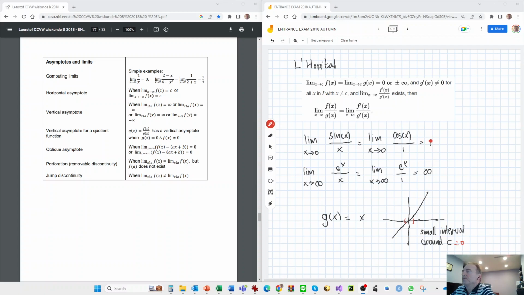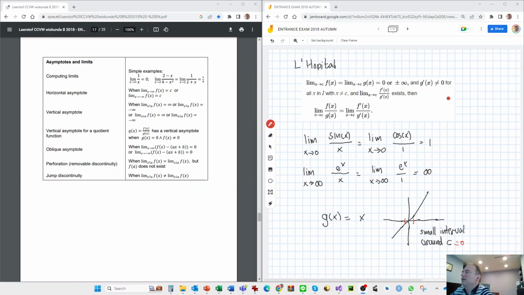Or say a function e to the power x divided by x, in which case both f and g go to infinity. You can apply it as well and find that it is e to the power x divided by 1, which is infinity. And there are some conditions which apply, but generally for this level, I don't think they will have situations where these conditions do not apply.